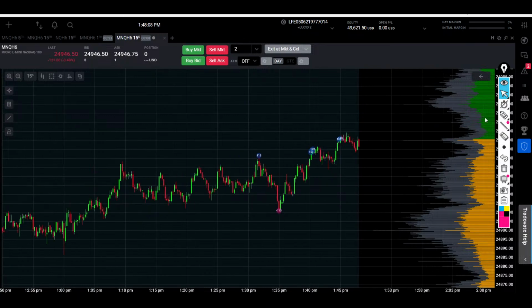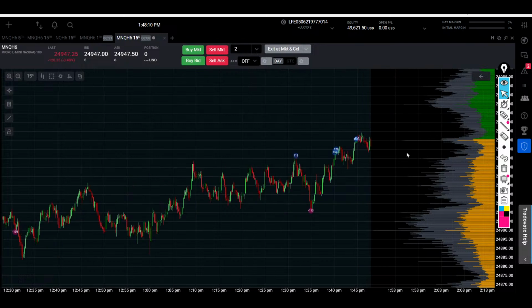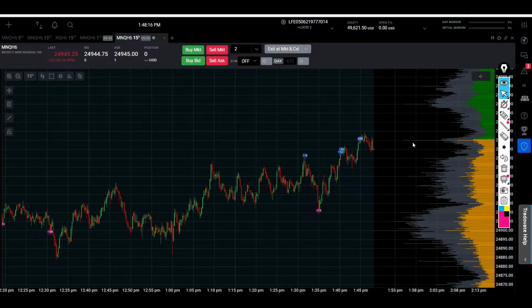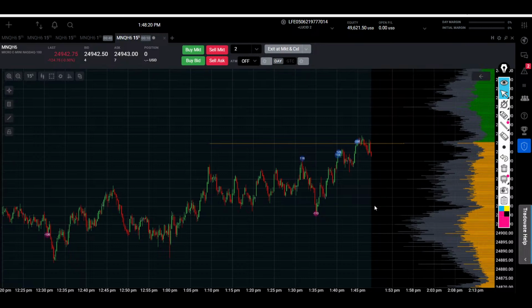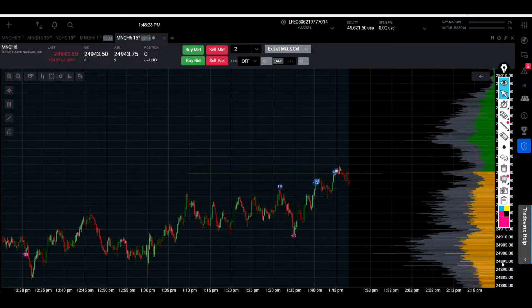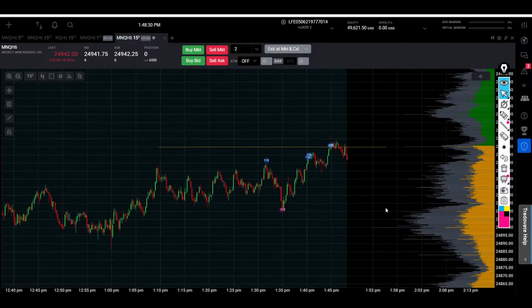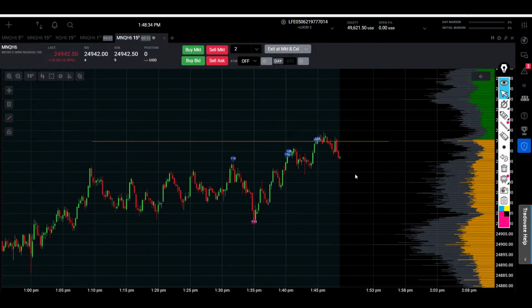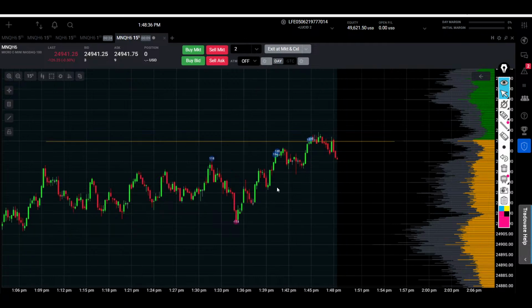So they are right on value area high, which is a really good level to trade off, but this is not my strategy, not my system yet.